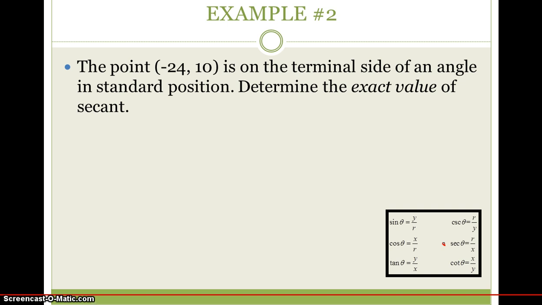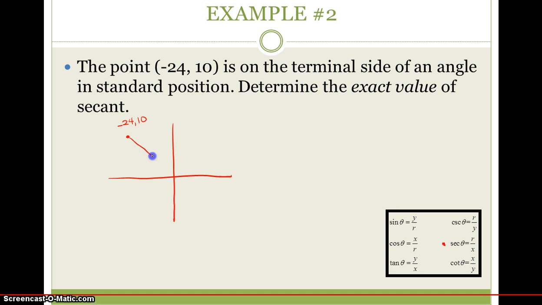We're going to start the same way and draw our axes. We want to know where (-24, 10) is. -24 is negative x, so right here, and then +10 is on the y. Let's estimate that right here is the point (-24, 10).